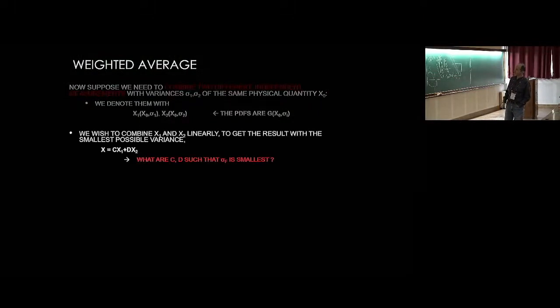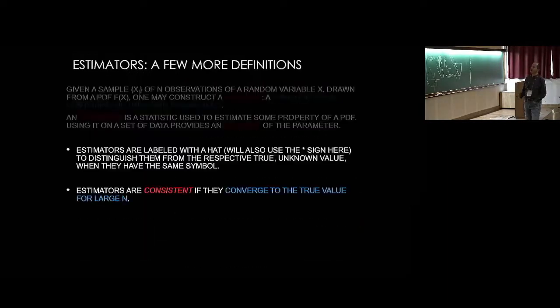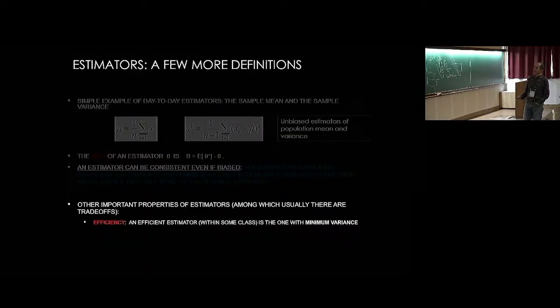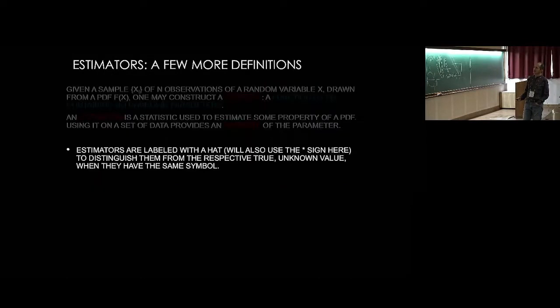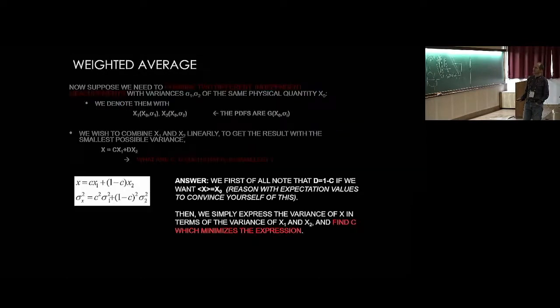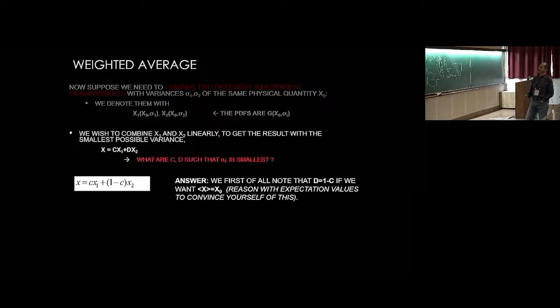So we wish to combine the two measurements linearly. Why linear? First, well, this question can be answered by a minimization procedure, which will involve what? Taking a derivative, right? And setting it to 0, of course.